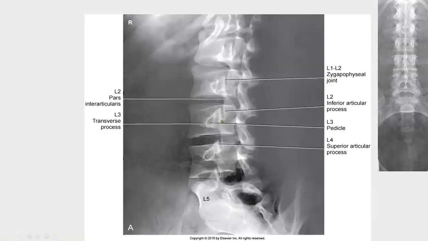We're actually seeing the ZA joints between T12-L1, L1-L2, L2-L3, L3-L4, L4-L5 is there. And like I said, it's very hard to see the ZAs of the lower L5-S1. That would be about there. Now it's closed off. We're not seeing through it.